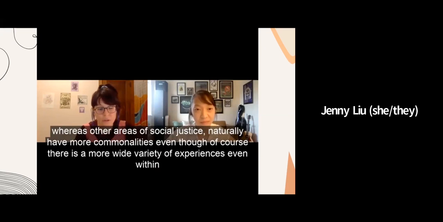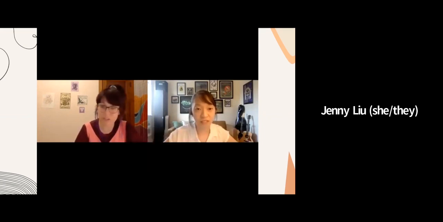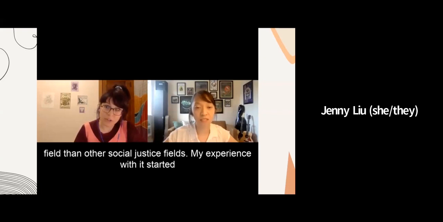Whereas other areas of social justice naturally have more commonalities, even though, of course, there is a wide variety of experiences, even within gender justice or racial justice, right? Or class. So I think it's a trickier field than other social justice fields.